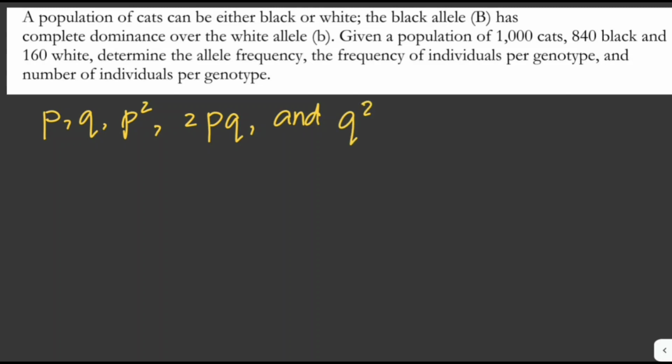I've already previously defined each of the variables. So the first thing we do here is to find the frequency of white cats, which is the homozygous recessive genotype, as they have only one genotype, which is denoted as 2 small b's.